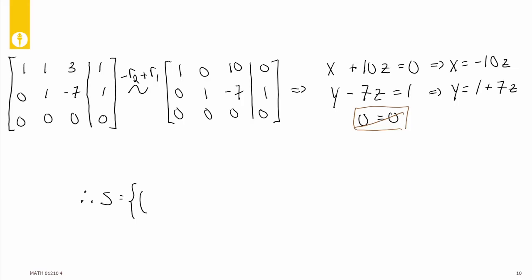I typically don't. N? Yeah, n works. So say z equals some number n. Then what is x? Negative 10 times that number. What is y? 1 plus 7 times that number. And then z itself is just n. Such that n is some real number. That would be your solution set.